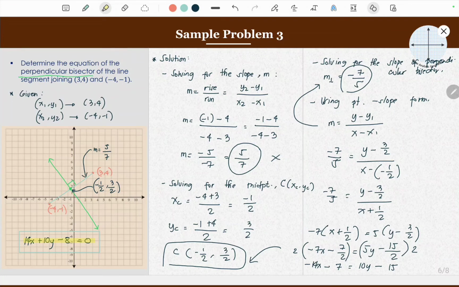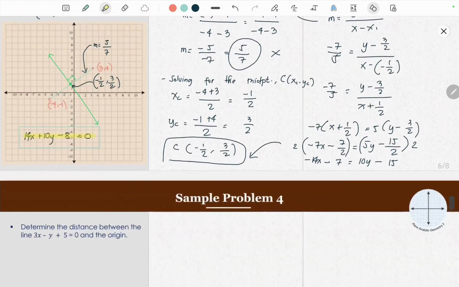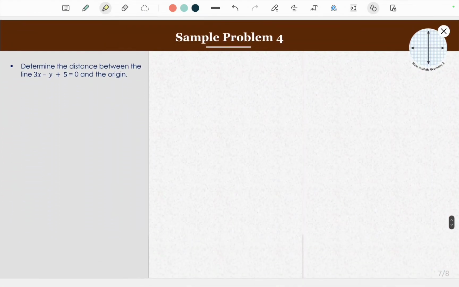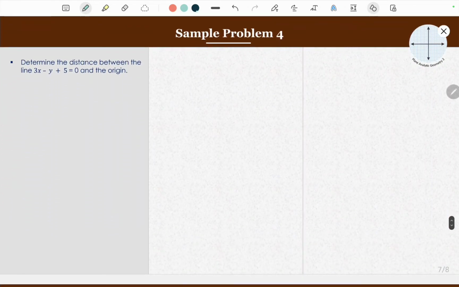Okay. So let's proceed to problem 4. For problem 4, determine the distance between the line 3x minus y plus 5 is equal to 0 and the origin. So what are the coordinates of the origin?